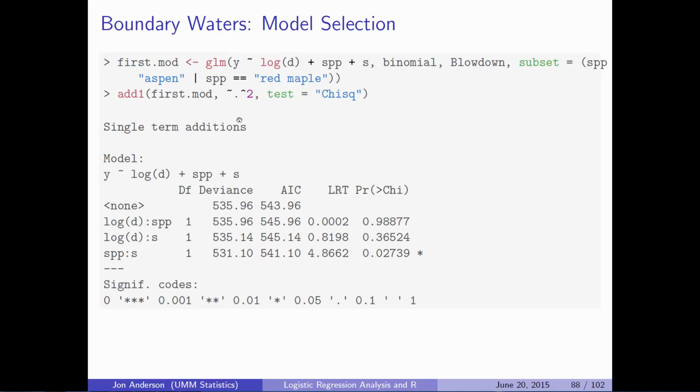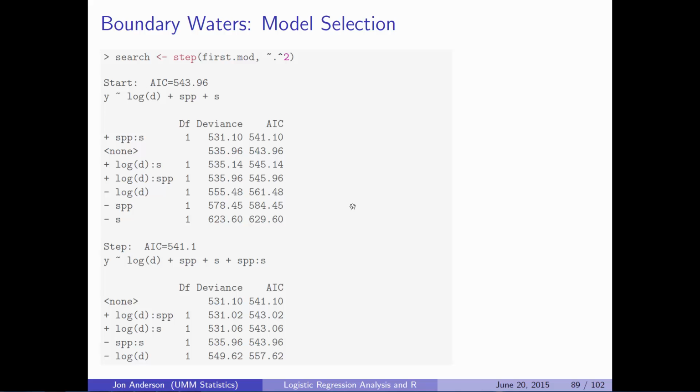This notation here, tilde dot, means all the predictors in the model, all the terms in the model. Think about degree 2 terms of them, so in other words, interactions. And this lists what happens if you would add interaction pieces. You can see that the only one that drops the AIC statistic by adding it is the species by severity interaction. That looks like a good one to add. It drops the AIC statistic.